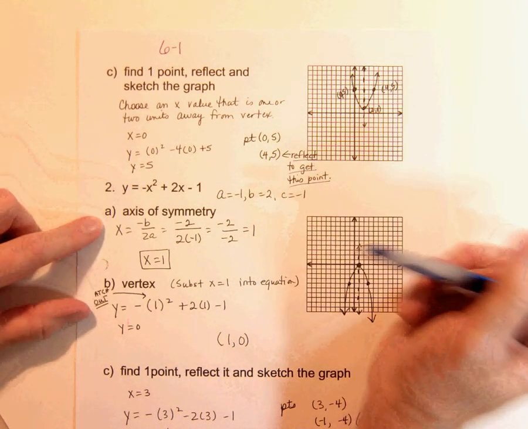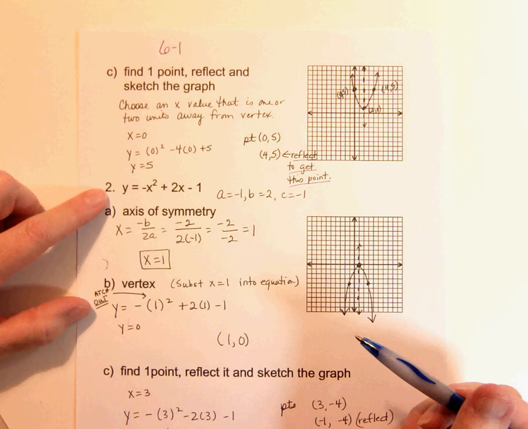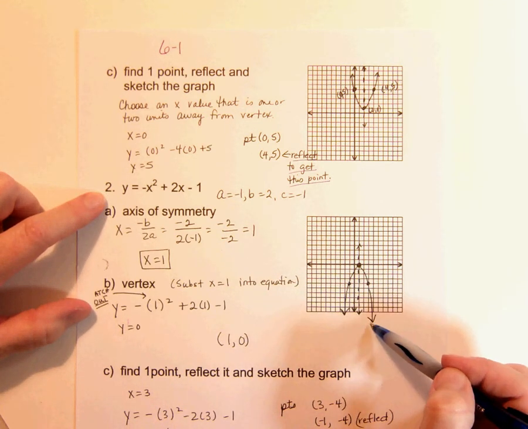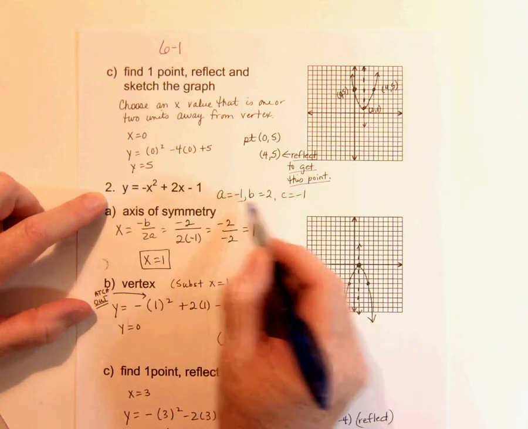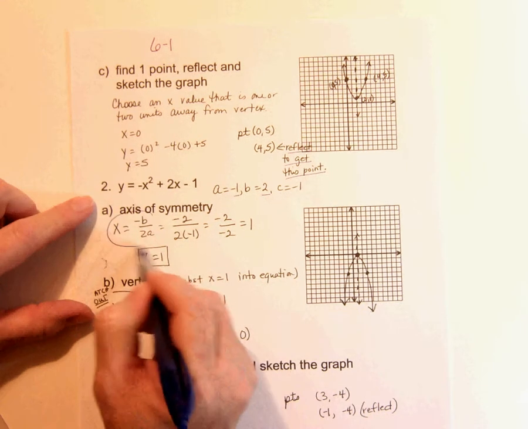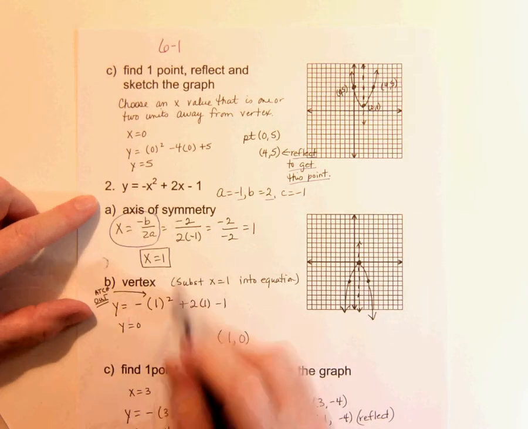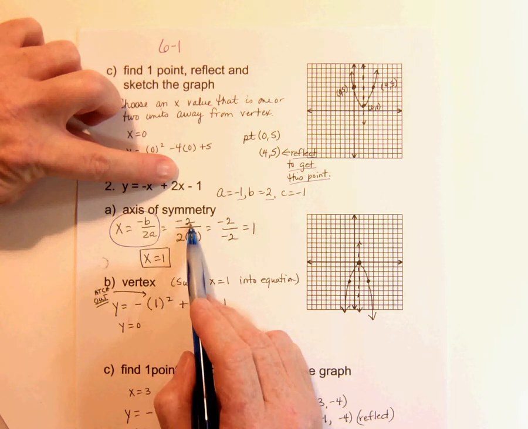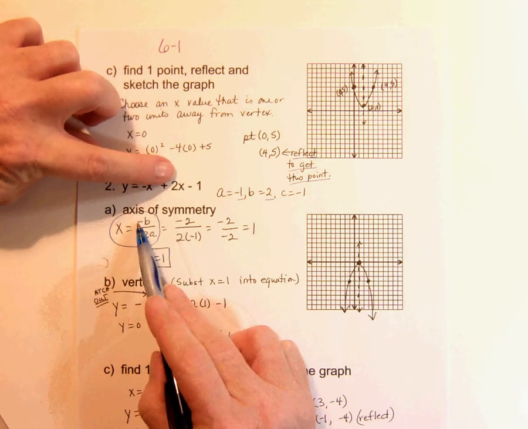Okay, so here's another formula. If you have negative x squared, remember I told you negatives are going to be upside down, and you plug in your a and your b. Actually, for the formula for the axis of symmetry, you don't really need the c. You plug in the negative of b, so it's the opposite of what b is.